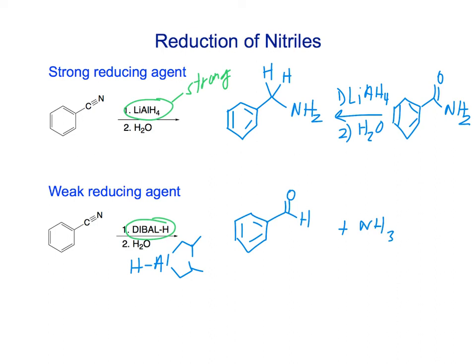Okay. So let's take a quick look at how that would take place, just so we can see how these are related. So the first step is the hydride attacks the carbon of the nitrile.